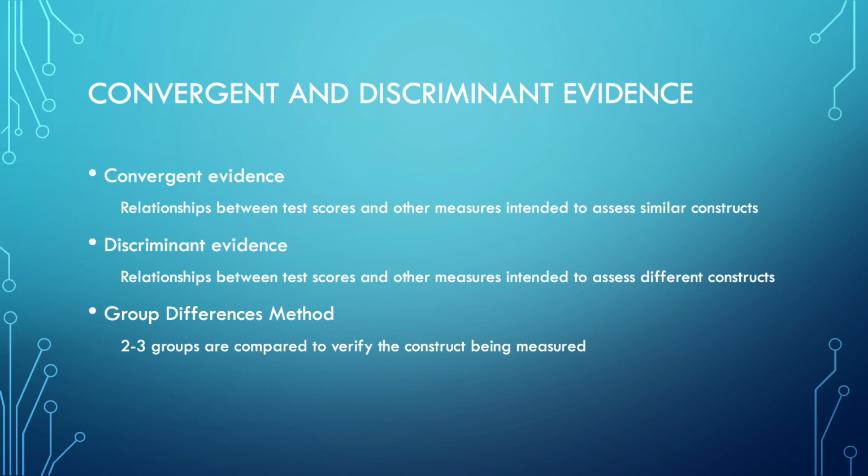We also have a group difference method, which is where 2 to 3 groups are compared to verify the construct being measured. So we would give that questionnaire to multiple groups, or give both questionnaires to multiple groups, in order to compare and verify that the questionnaires are getting to what we want them to.